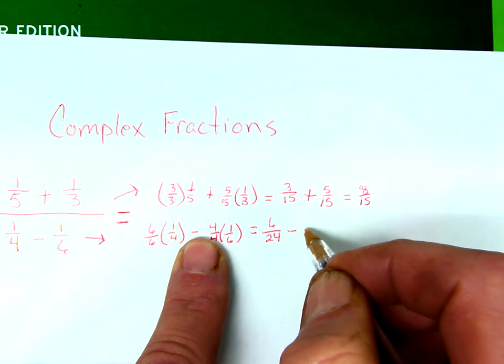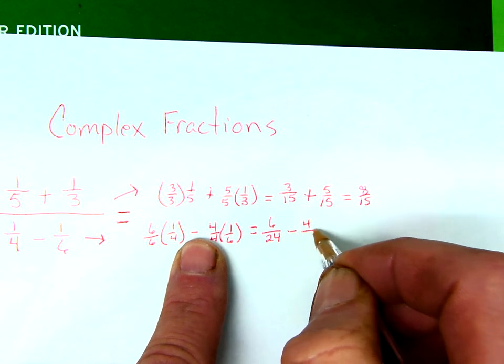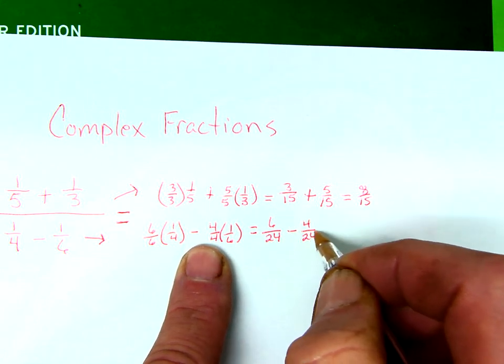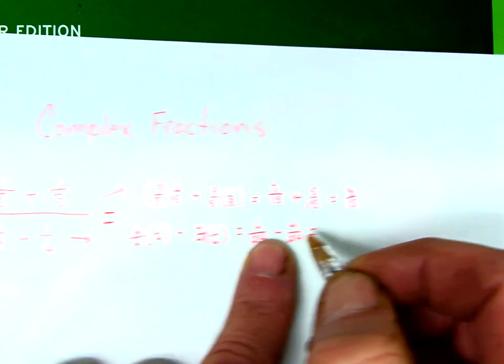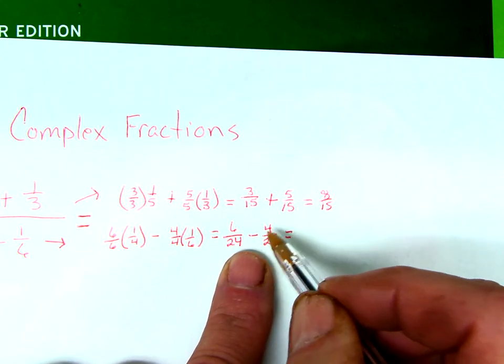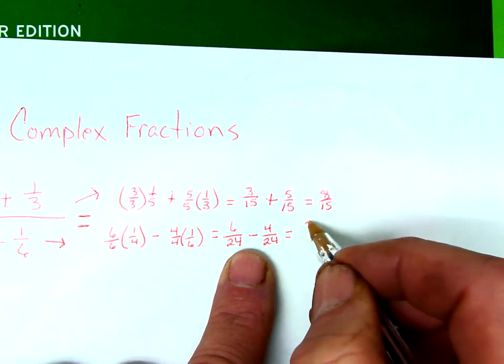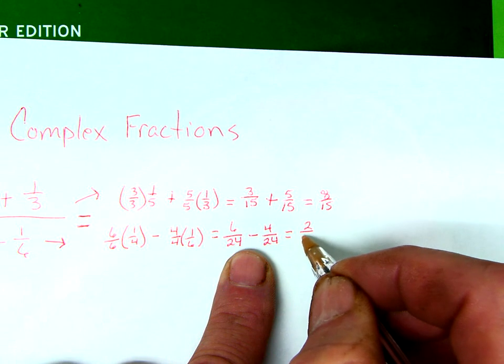Minus 4 times 1 is 4. 4 times 6 is 24. And now combine. 6 take away 4 is 2. And keep the bottom, 24.